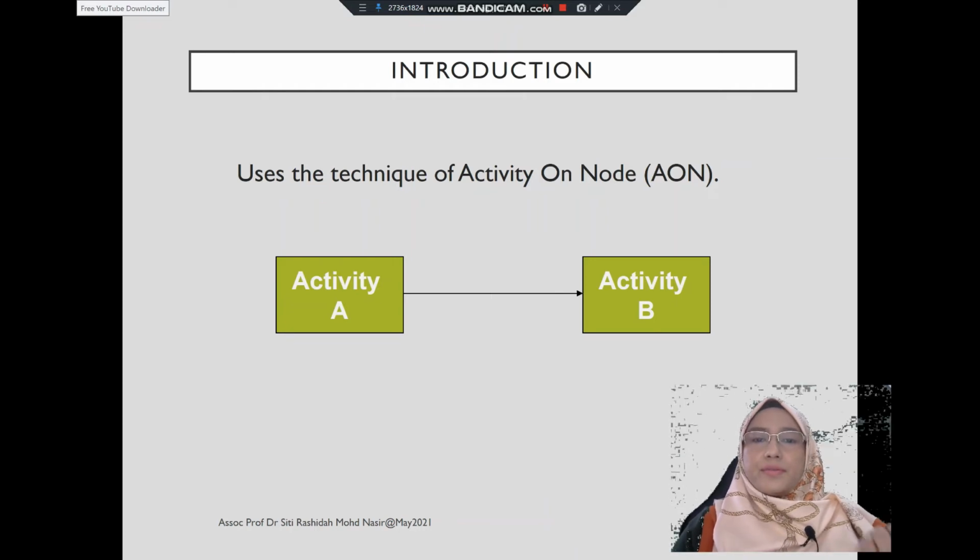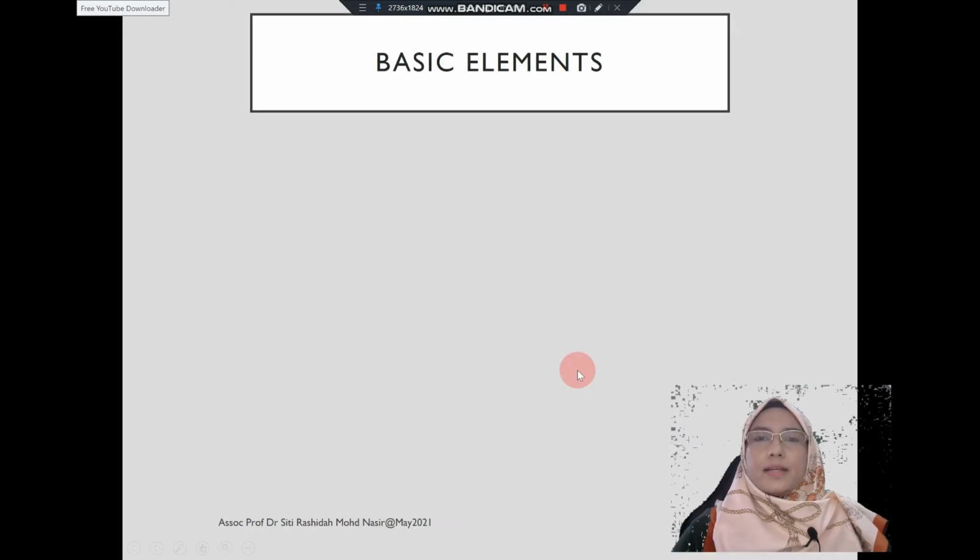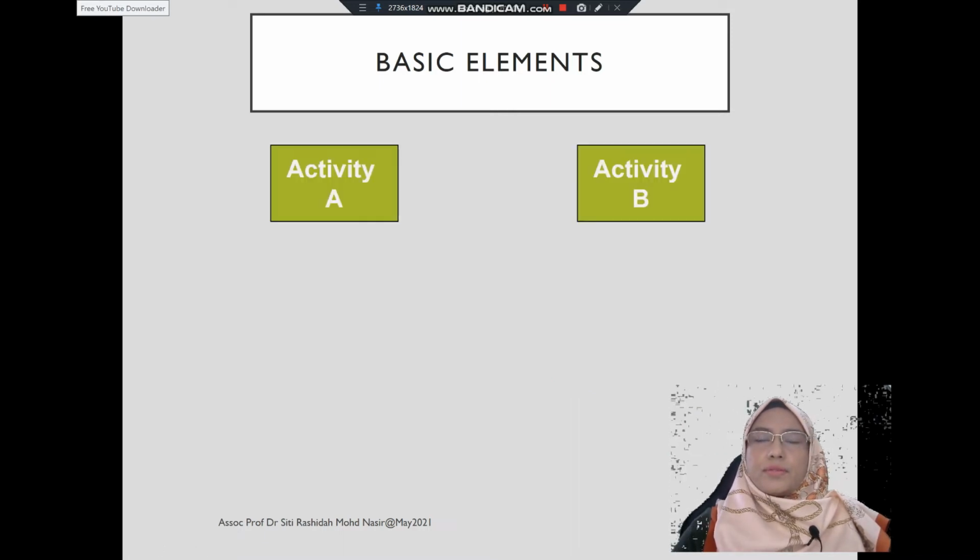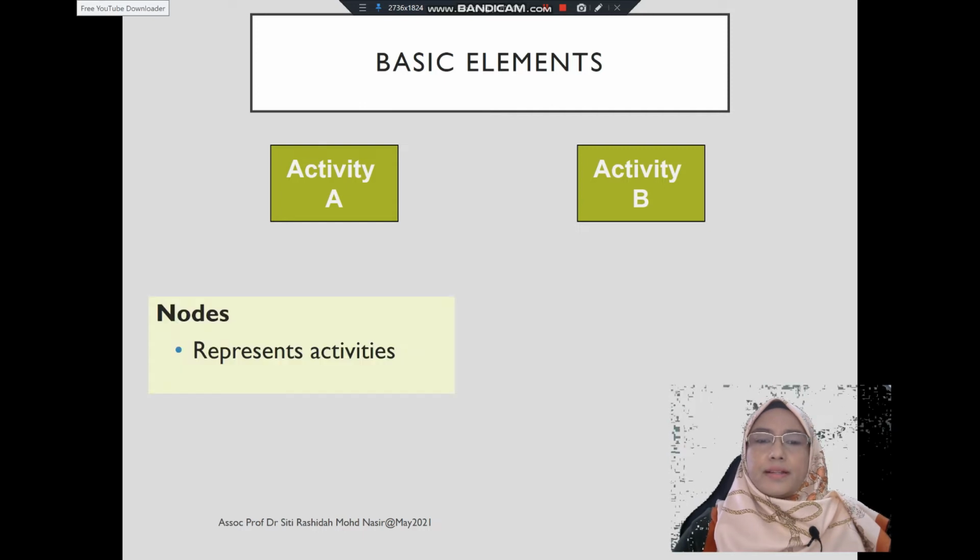Precedence diagram uses the technique of activity on node, where information about an activity is stated and described in the node. Now let's look at the basic elements of precedence diagram. It consists of nodes and arrows. Nodes represent the activities.